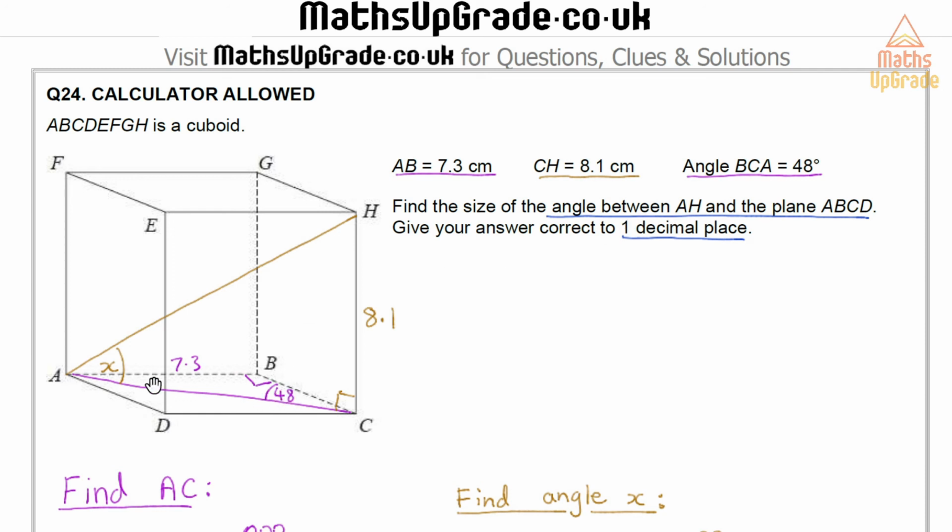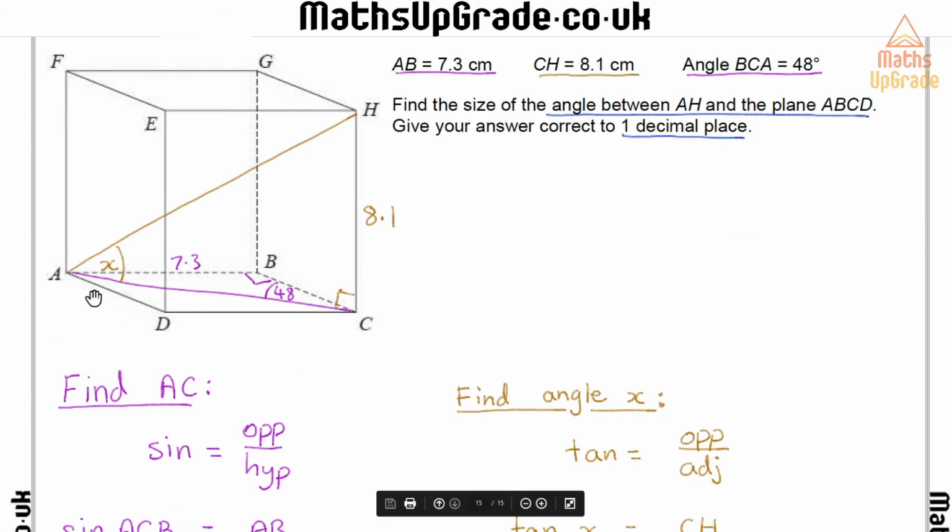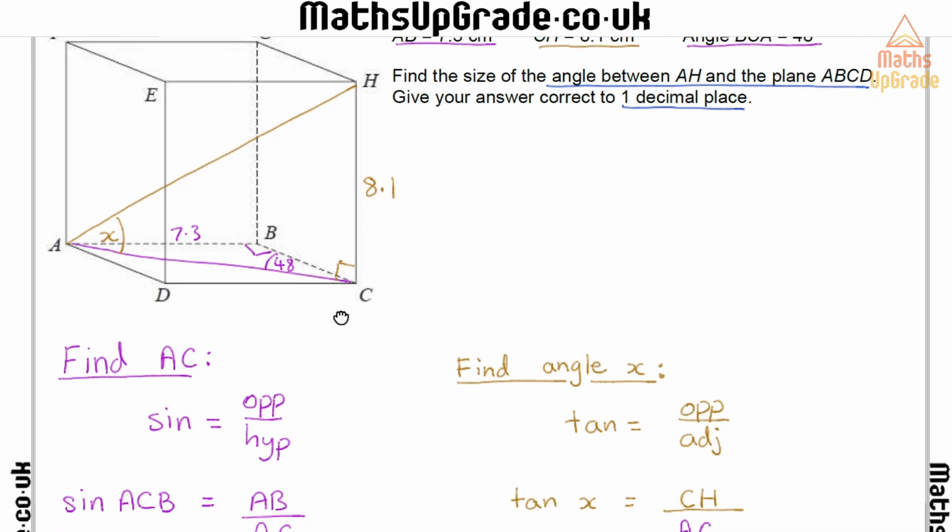The angle I'm trying to work out is the angle between AH and the plane ABCD. So the first thing I'm going to do is find AC. Once I've found AC, I can then find the angle X. To find AC, well, AC is part of a right angle triangle, and the right angle triangle is shown here.